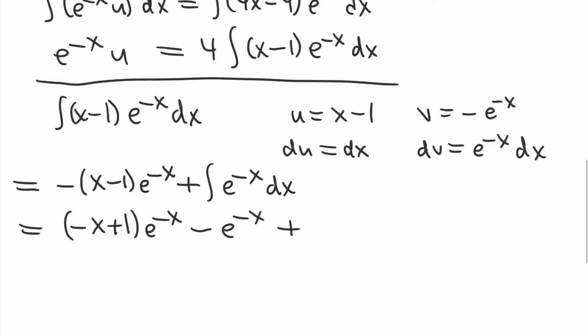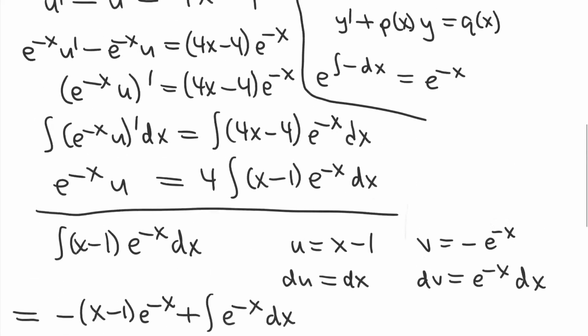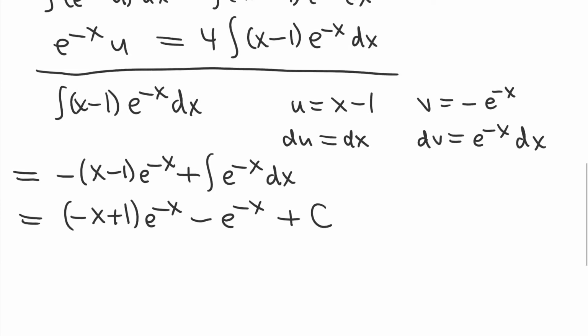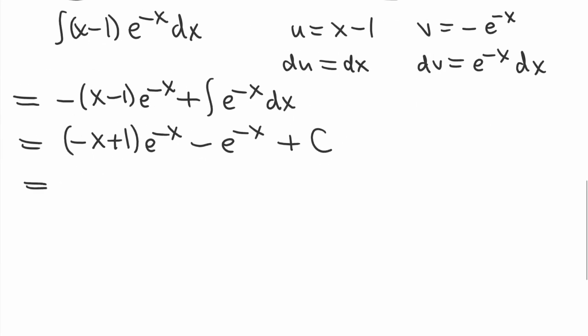And because we need an arbitrary constant, since eventually we're going to be plugging this integral back into this, our general solution is going to need an arbitrary constant. Notice that we have negative x plus 1 of e to the negative x, also minus 1. So we can factor out the e to the negative x, and the plus 1 and the minus 1 will cancel, and we'll just get negative x of e to the negative x plus our arbitrary constant.